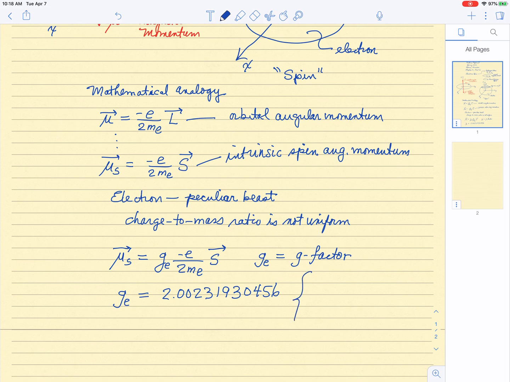Surprisingly, however, that value can be theoretically determined using quantum electrodynamics. And the correlation between the theoretically determined and the experimentally determined values is incredibly good. And so it really validates quantum electrodynamics.